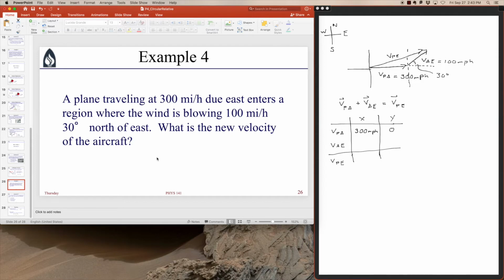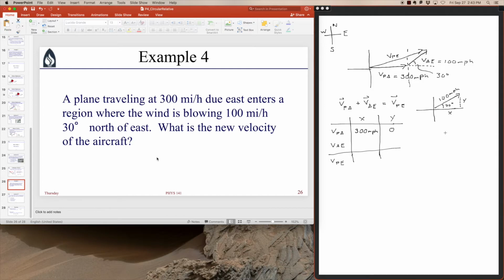So then I need to consider this second vector, and I'll draw it again all by itself. That will make it easier to break into components. So I know the velocity of the air with respect to the Earth, the wind velocity, has a magnitude of 100 miles per hour, and I wish to break it up into its x and its y components, and I know this angle is 30 degrees.